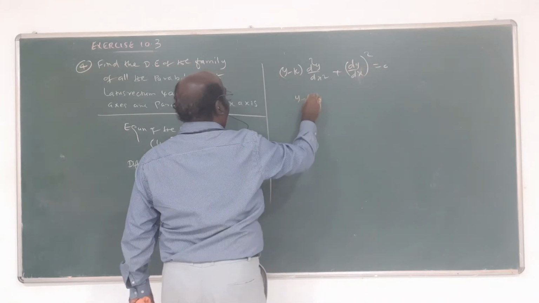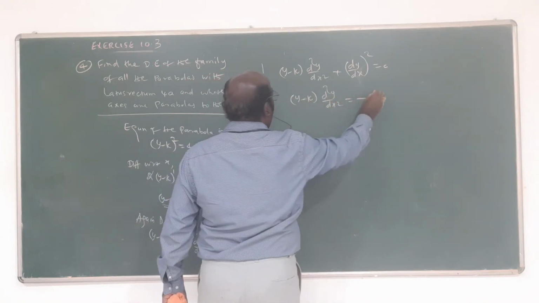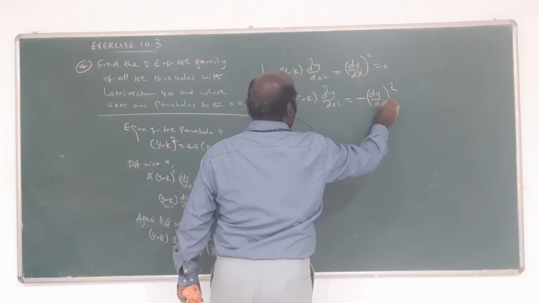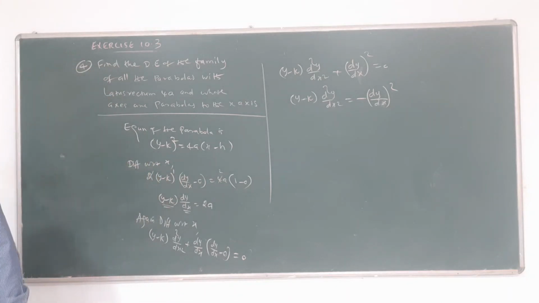Now (y minus k) into d square y by dx square equals minus (dy by dx) whole square. Now we want to eliminate y minus k.